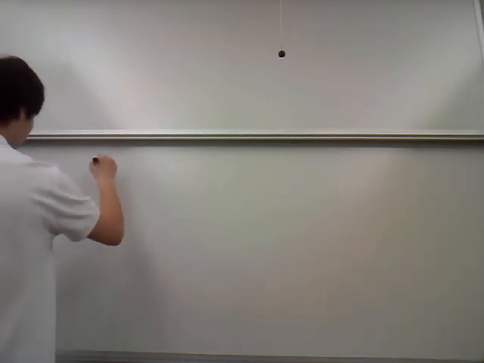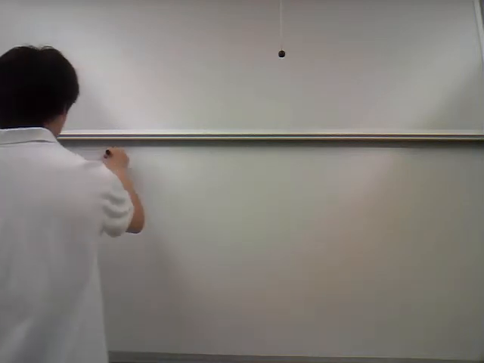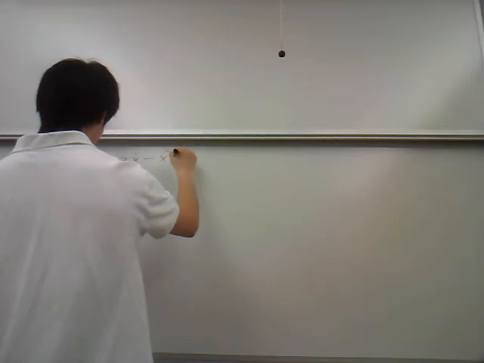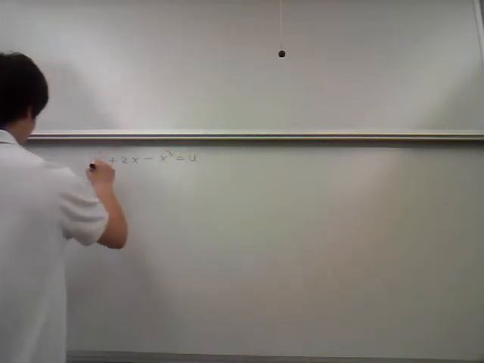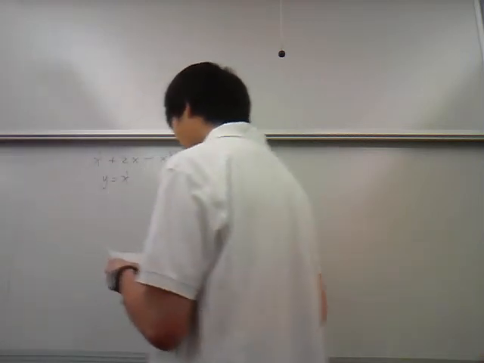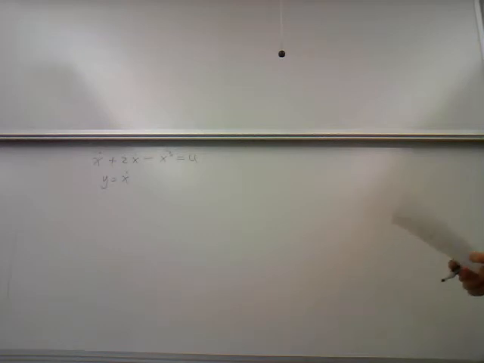So the second example, you're given the equations x double dot plus 2x dot minus x cubed is u, and y is x dot. So design input-output feedback linearization for u.